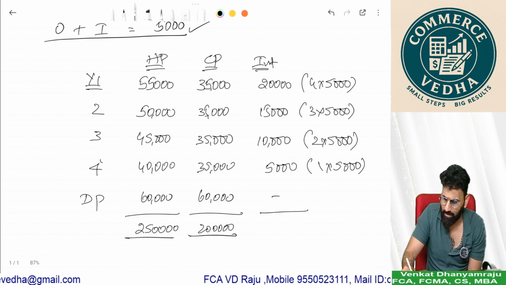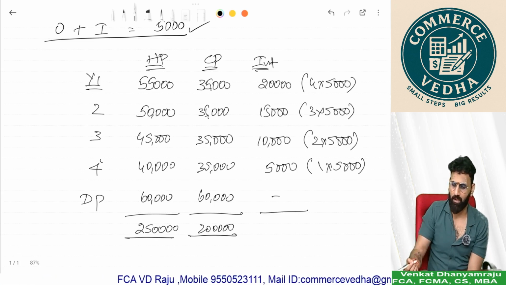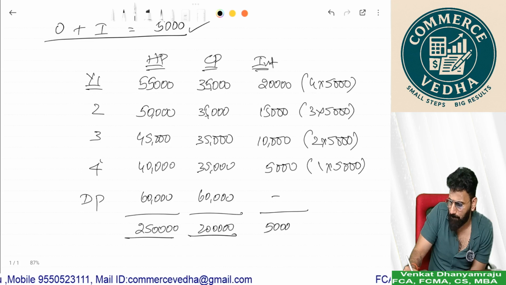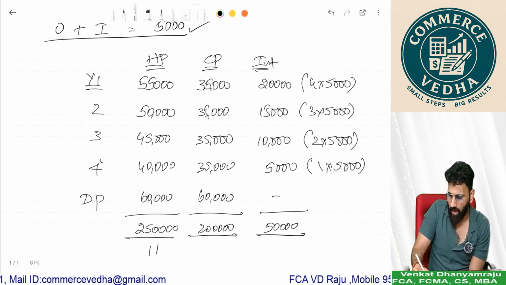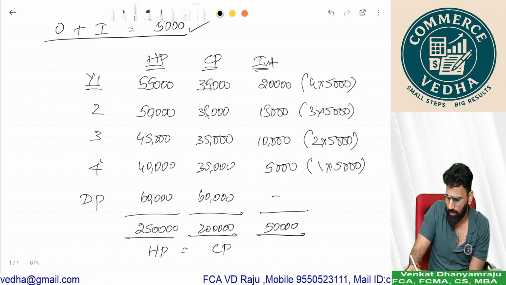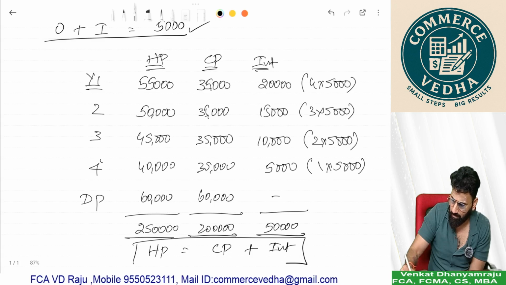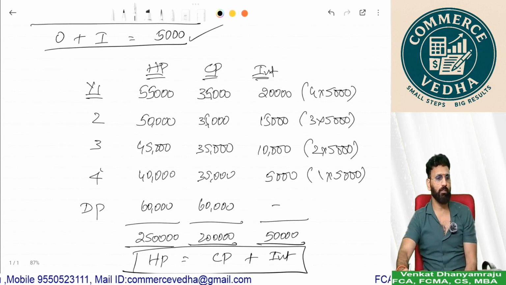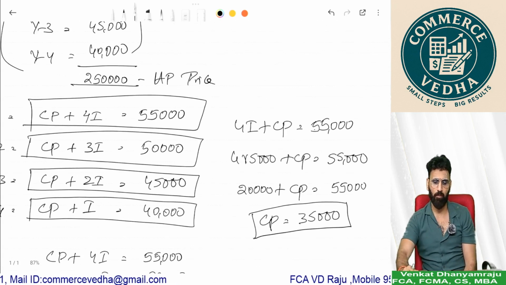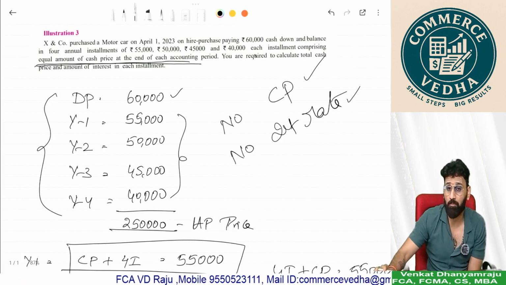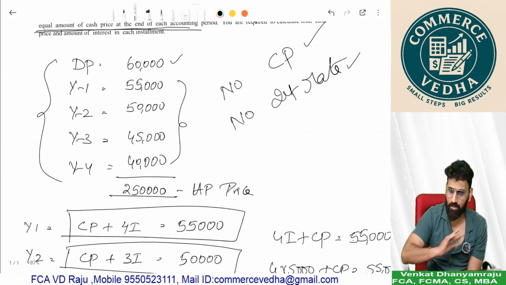And my interest is 20 plus 15, 35, plus 10, 45, plus 5, 50. Formula is done: hire purchase price equals cash price plus interest. We track down the answer in a very simple manner from this question. This is illustration number 3. The solution is so simple.